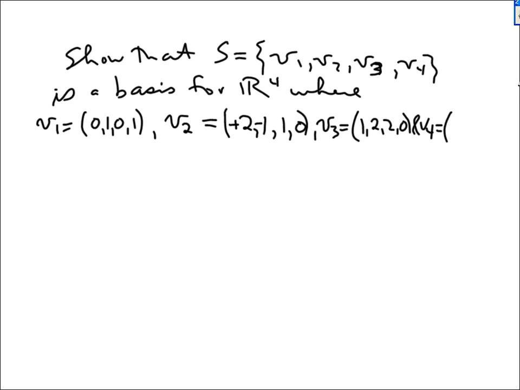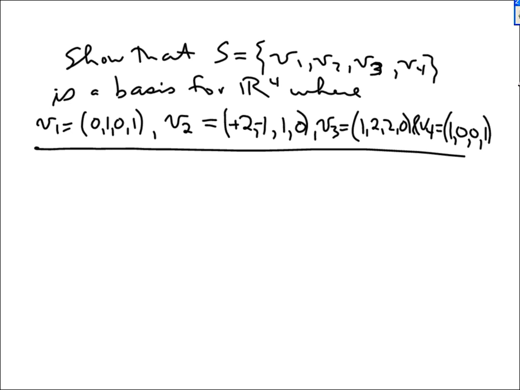And v4 is (1, 0, 0, 1). So we want to show that this set of four vectors is a basis for R4.